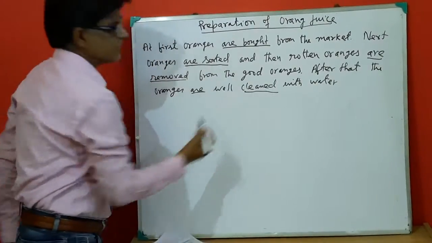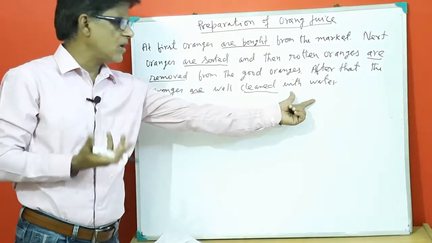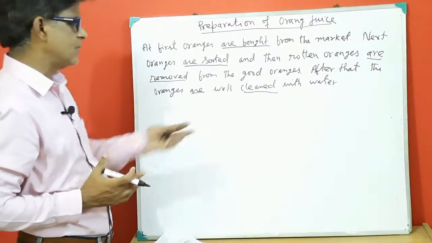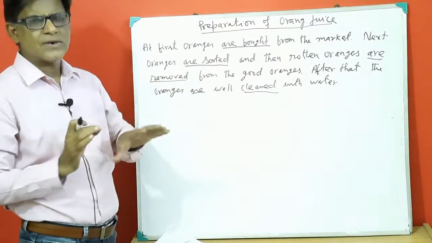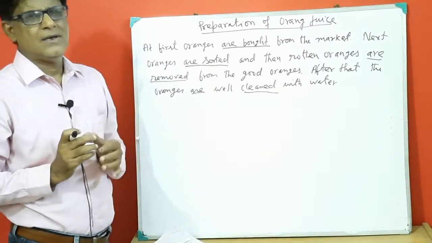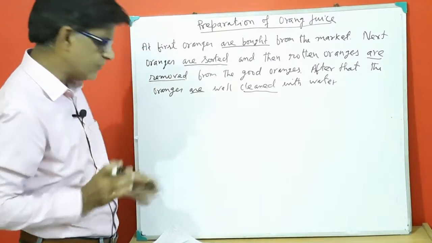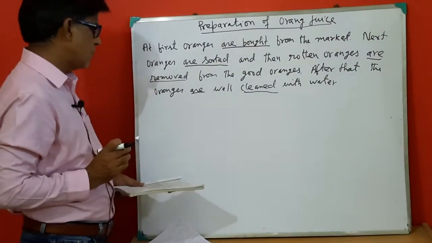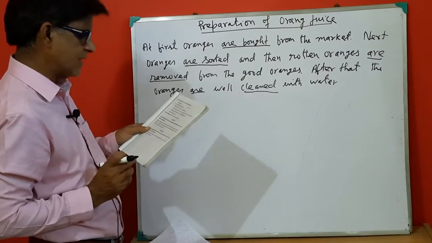Are cleaned with water. You can supply extra words with water from your common sense. With water, naturally oranges will be cleaned with water to remove dirt which may remain attached on the surface of the oranges. So after that, the oranges are well cleaned with water.